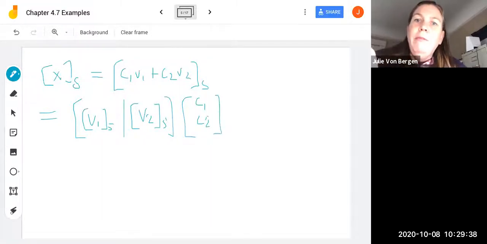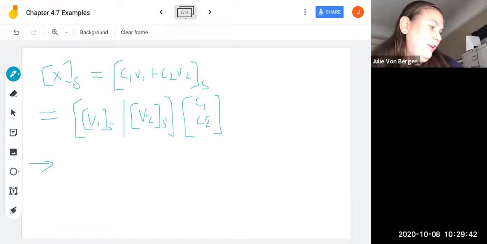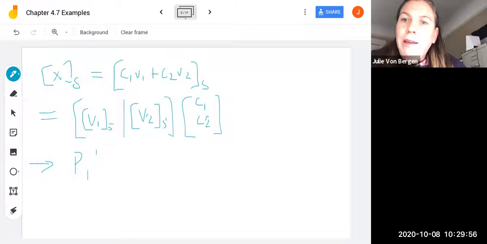And then we're able to think about that as a matrix times the X column vector in our new basis. We call it the transition matrix, and we'll talk about it more, going from B to our new basis S.